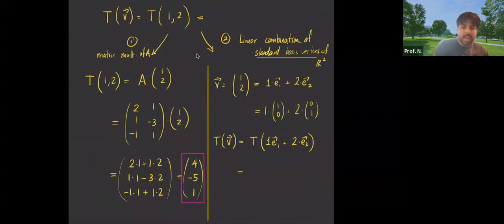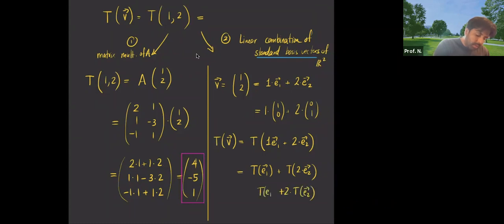Because it's linear, I can use the linear properties to do these individually and add them later. 1 times E1 is just E1. And because there's a scalar in front of the E2, I can rewrite this as 2 times T of E2 plus T of E1.